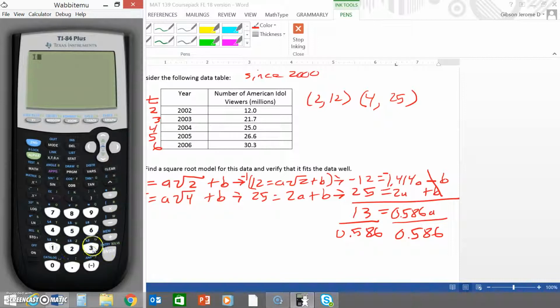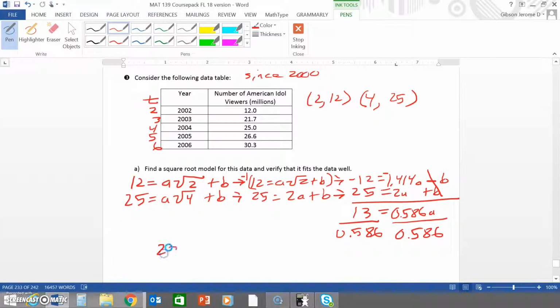So we have 13 divided by 0.586, and that gives us, if we round this to 3 decimal places like we did here, 22.184. So that would equal A.